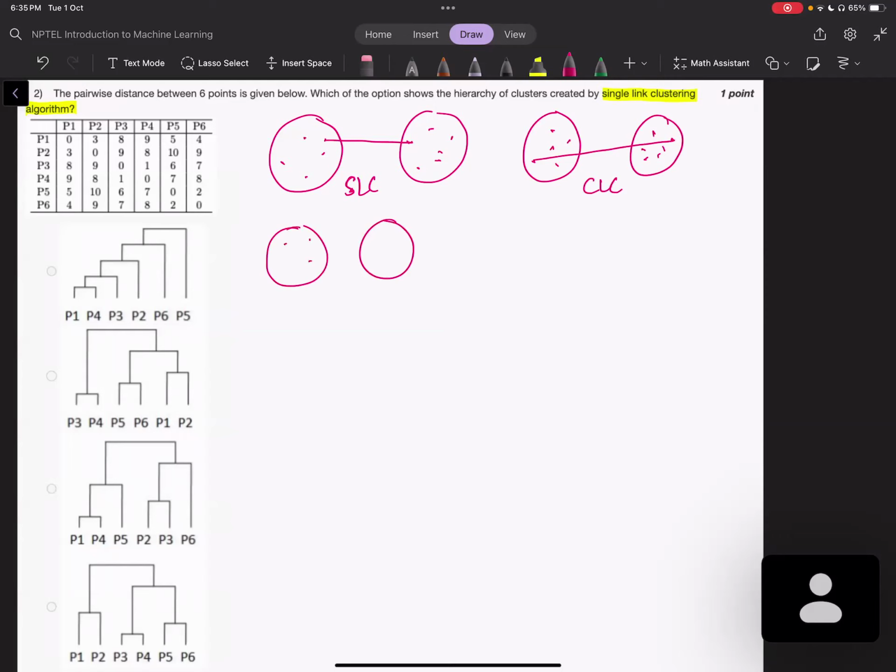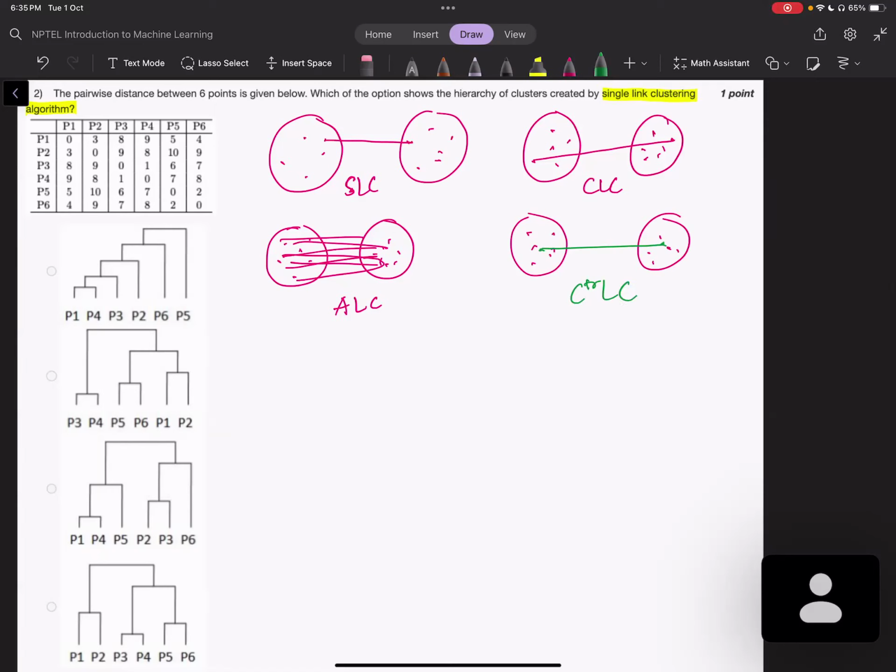If you take all the links and take the average, it is the average-link clustering algorithm. And the fourth one: if you take the centers and join them, it is the centroid-link clustering algorithm.